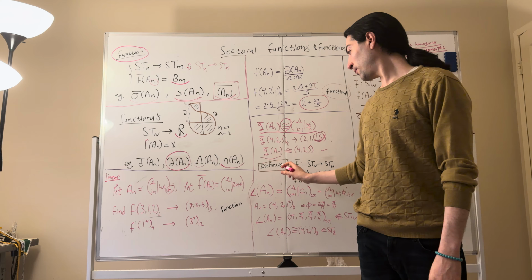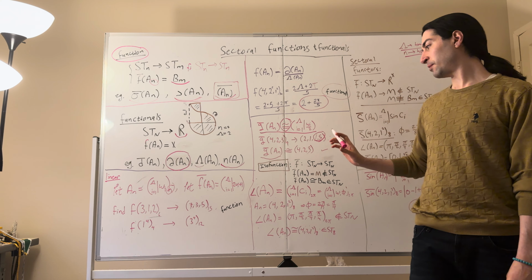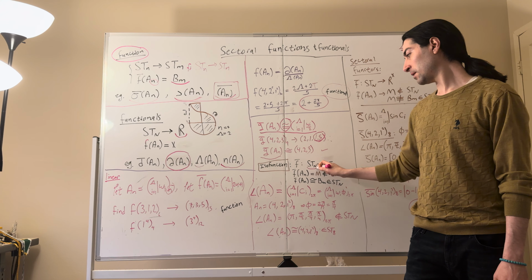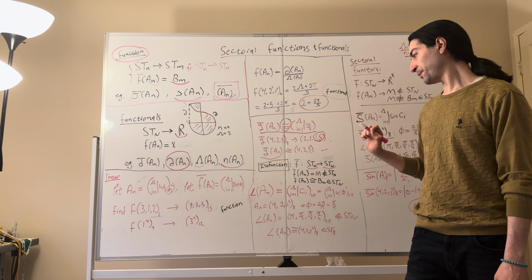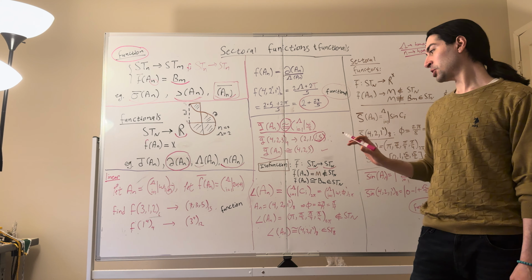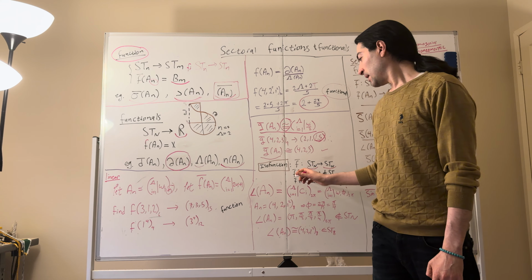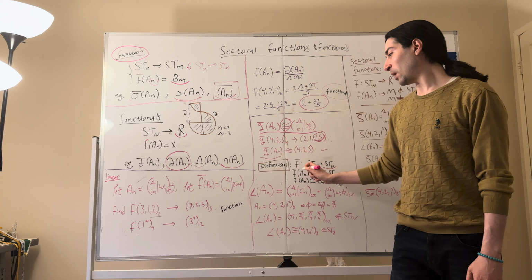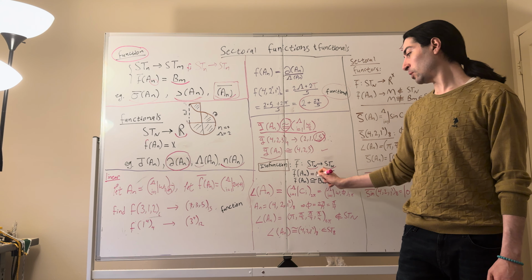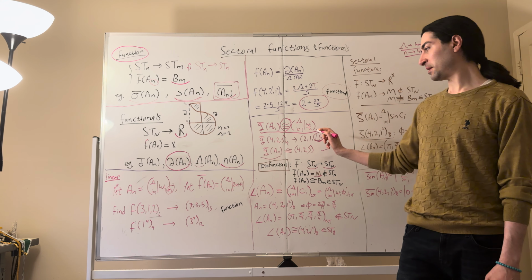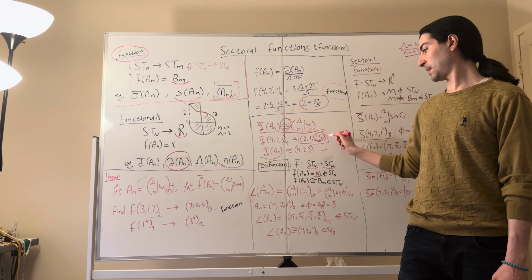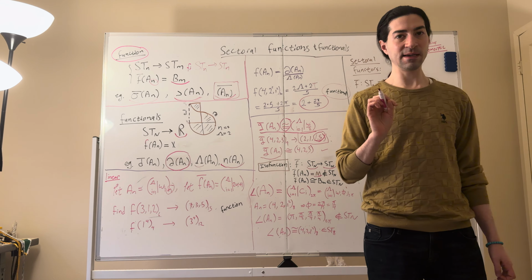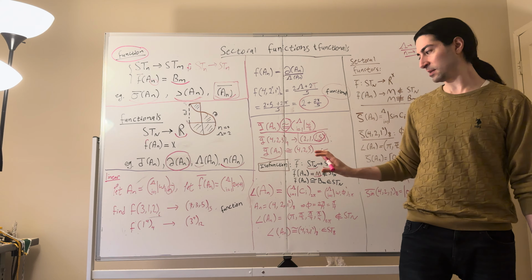So if f bar is a function or a mapping from Stn to Stn such that f bar of An equals m, where m does not belong to Stm. Let's decompose this.